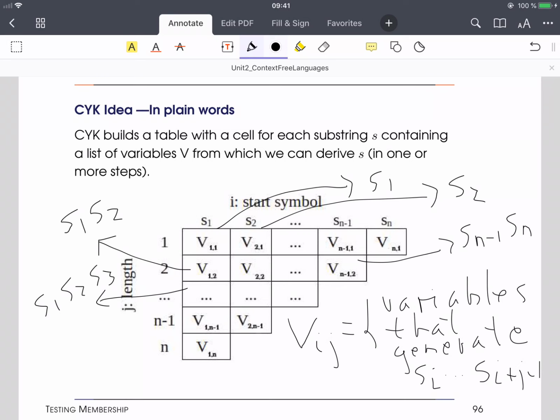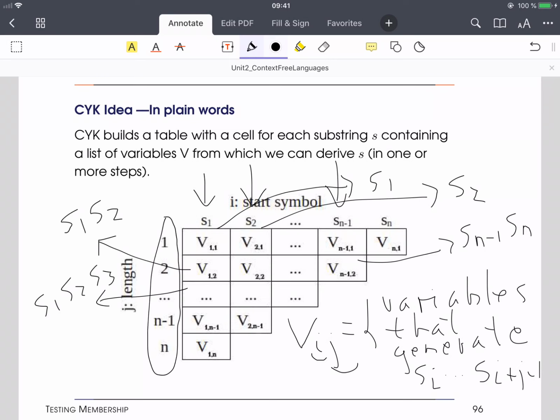So when we have the set bij, i is the initial symbol and j is the total length. So we have initial symbols in the columns and lengths here in the rows.